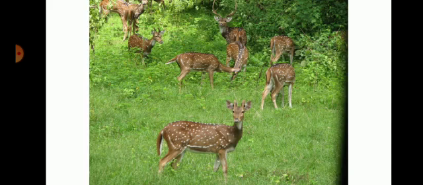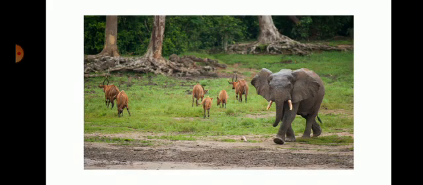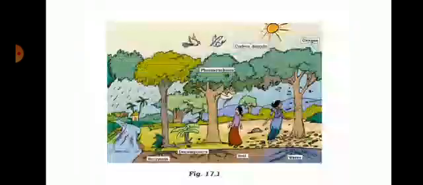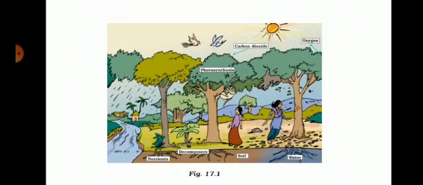When animals die, their bodies are eaten by crows, vultures and hyenas. This group of animals are called scavengers. You know that the dead animals are eaten by vultures, crows and hyenas.